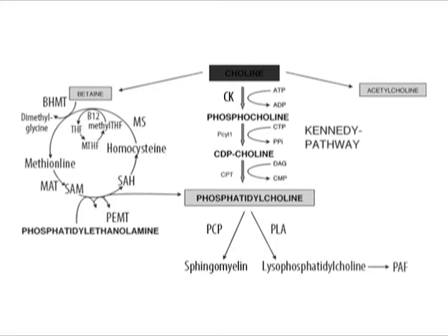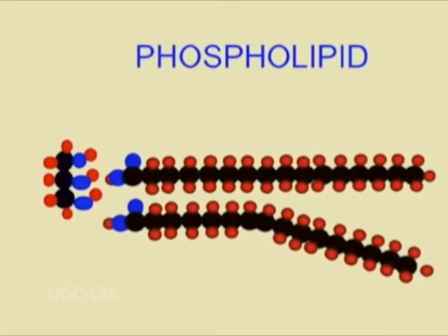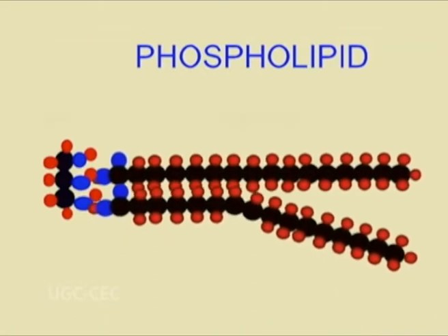Each step is catalyzed by enzymes in the ER membrane that have their active sites facing the cytosol, where all of the required metabolites are found. Thus, phospholipid synthesis occurs exclusively in the cytosolic leaflet of the ER membrane.